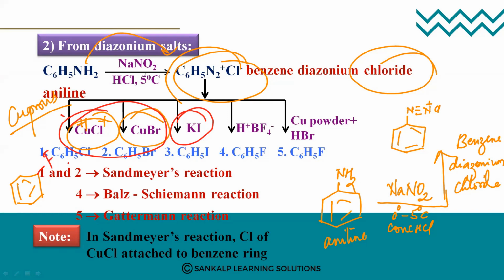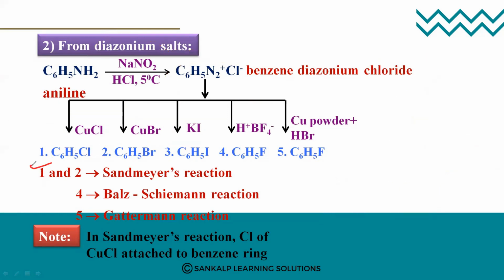These first and second are the Sandmeyer's reaction. Then the fourth one is the Balz-Schiemann reaction. The fifth one is the Gattermann reaction. In Sandmeyer's reaction, the chlorine of cuprous chloride gets attached to the benzene ring.